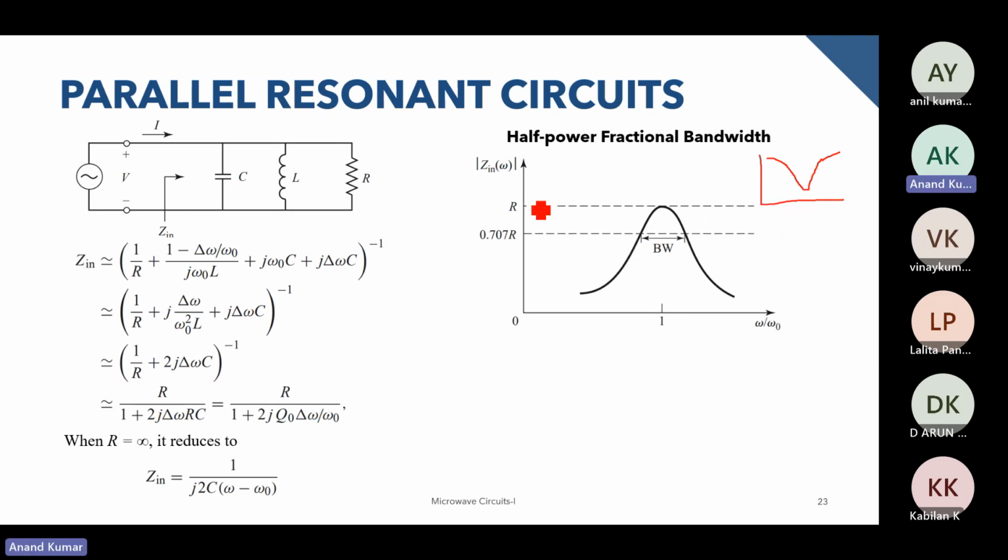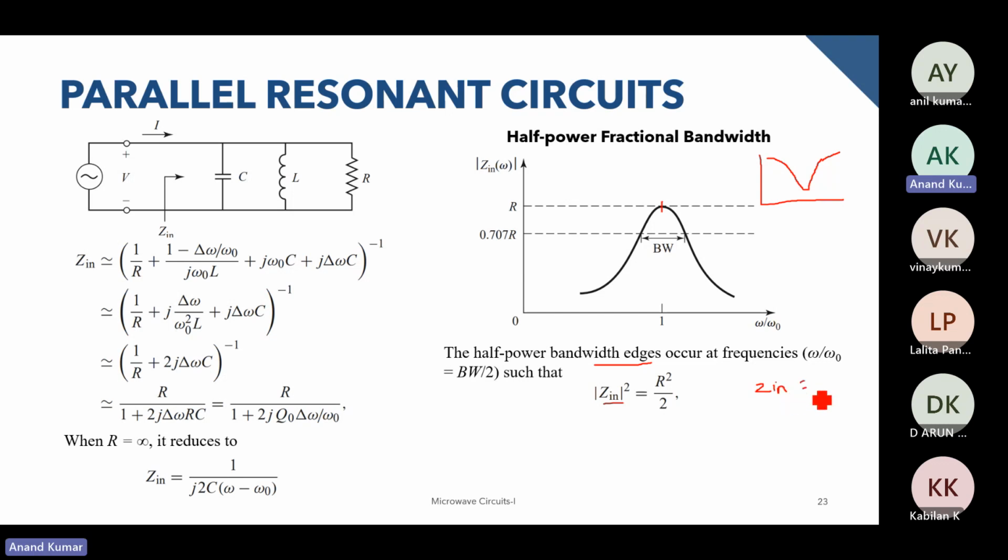But again, this peaks over here at R, and the half power bandwidth will happen when ZIN equals R square by 2, as opposed to the series resonant circuit, where it happened for 2 R square, right?